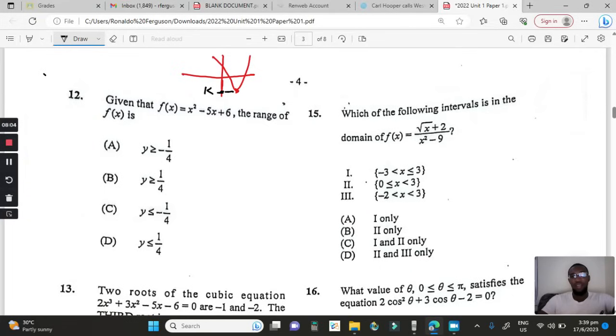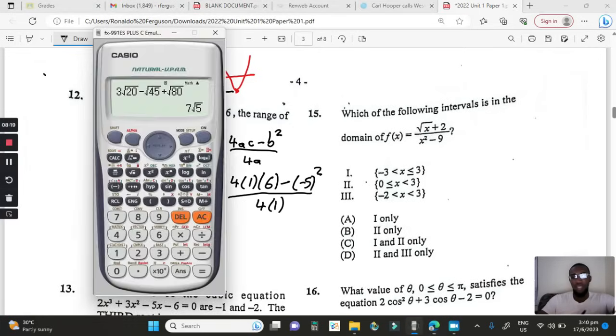So k. And the formula we learned for k is 4ac minus b squared over 4a. So that is 4 times 1 times 6 minus negative 5 squared over 4 times 1. And then you put that in the calculator.